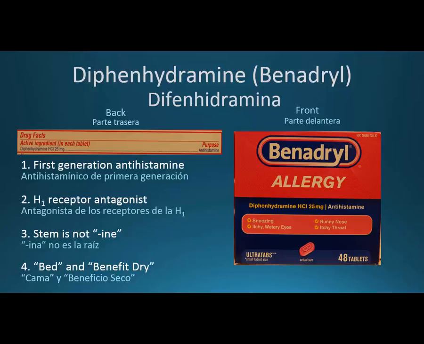Bed becomes cama, so the B, E, and D from Benadryl no longer helps with the mnemonic, but you still see a benefit in there, and that it's beneficial is what beneficio is. So bed, benefit, and dry all come from Benadryl, and that's a pretty clear mnemonic, but cama y beneficio y seco kind of falls apart when you get to the Spanish.